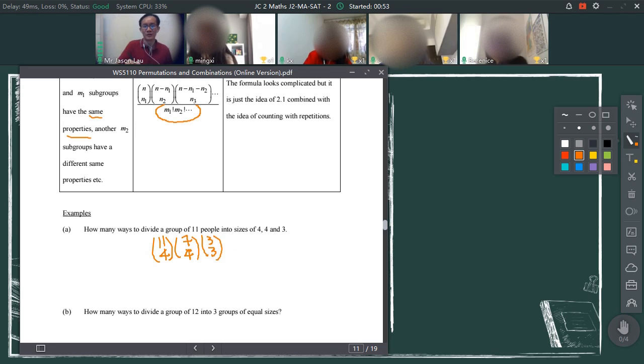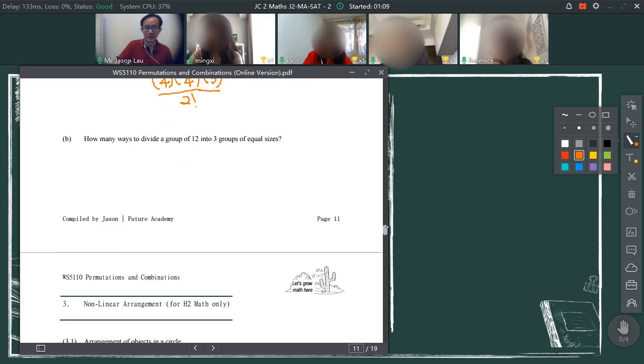Doesn't matter, 3 choose 3. Then divide by 2 factorial. Okay, well done. Because you are just doing a group of 4 and 4 equal sizes, so they are of the same properties.